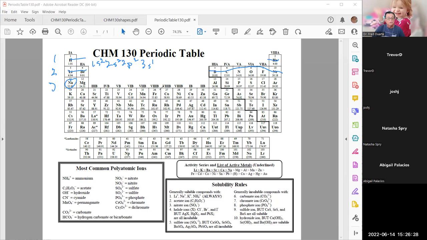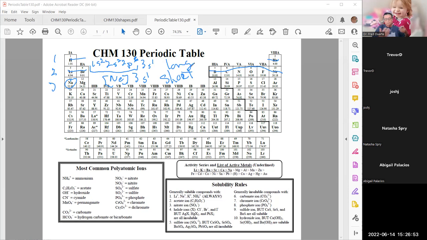That's where we're at. That's longhand. Shorthand, we find the previous noble gas. This here is the electron configuration for neon. So we can put neon in brackets and 3s1. That's shorthand and longhand.